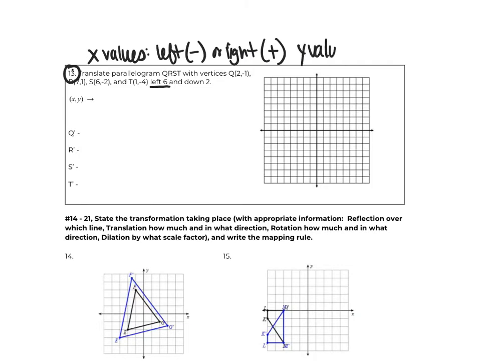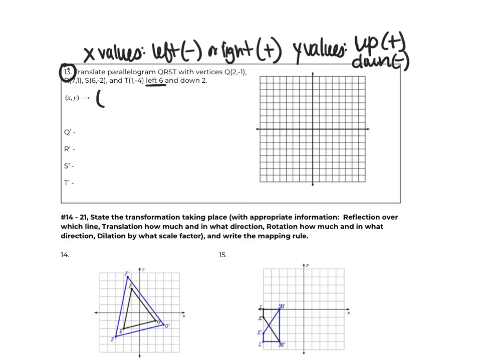Y values are affected by up, which is positive, or down, which is negative. So for this mapping rule here, it says translate parallelogram left 6 and down 2. So that would be, since it's left 6, I want to think that left goes with my x, so I do x minus 6. And then down goes with y, so I do y minus 2.